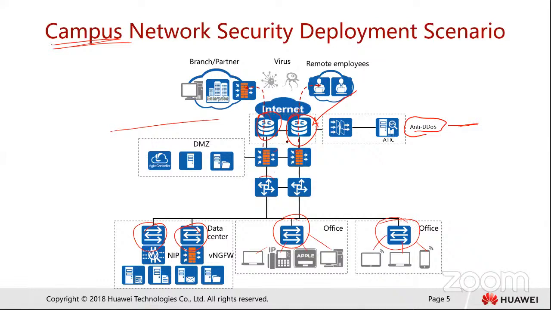Still on our network, we have our next generation firewalls. We can deploy them at the entry of a network or the egress to provide preliminary protection, or even protection for our data center from attacks.